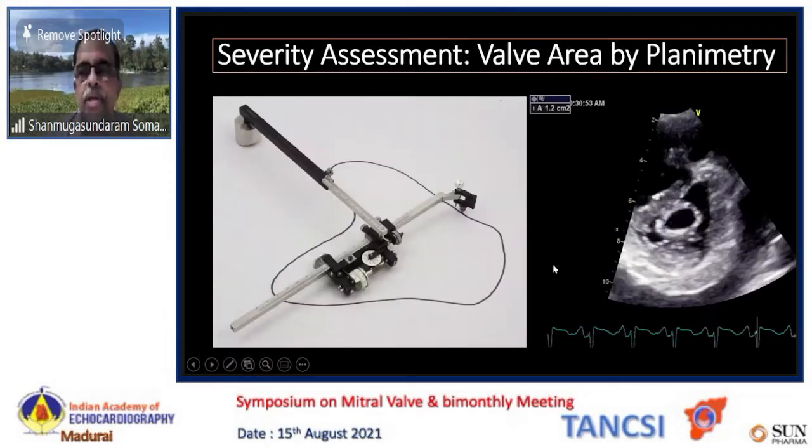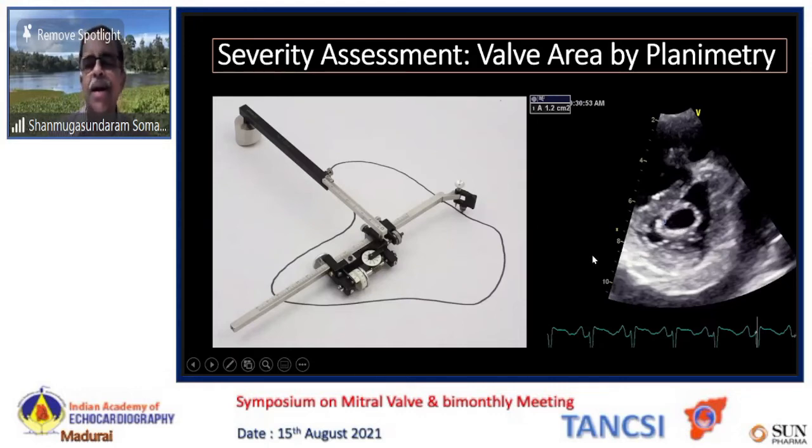So though the diagnosis is very straightforward, assessment of severity doesn't seem to be so. In the early 80s, we had a machine with software which permitted measuring the linear dimensions, anteroposterior and mediolateral. Even area measurement could not be done in those days.